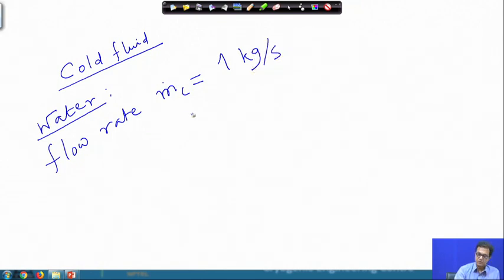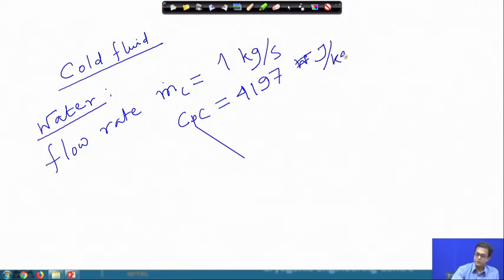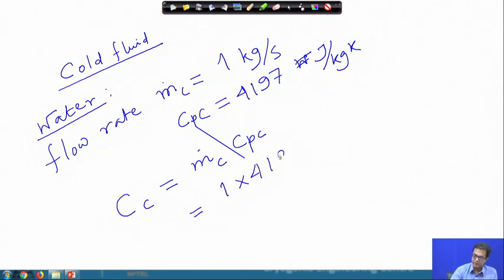What is the C_pc? C_pc is 4197 joule per kg Kelvin. And if we try to find the C_c, the cold capacity, that is m_c dot multiplied by C_pc, that will come out to be 1 into 4197 watt per Kelvin.